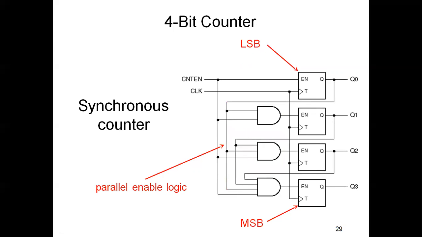Now parallel enable logic, in which the count enable input is a parallel input to each and every gate, and the output of Q0 is given as input to the next gate, and so on, to generate the count. Here is the LSB and here the next one is the MSB, these are 0, 1, 2 and 3.